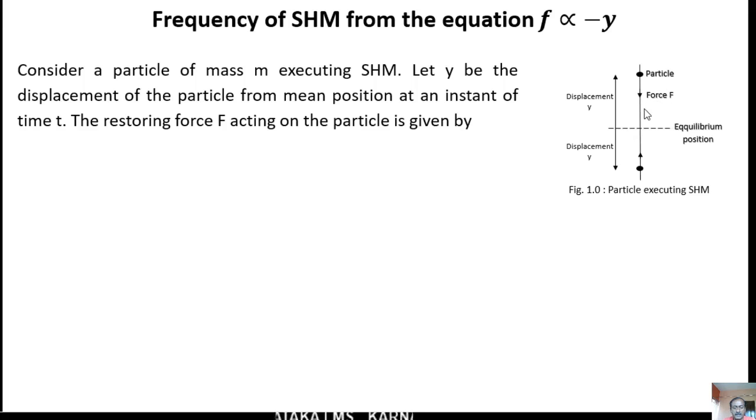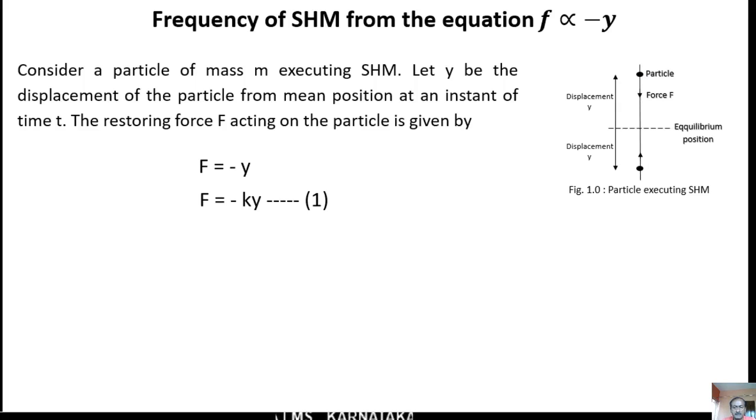The particle moves upwards from the mean position, comes back to the mean position, then moves downward, and again returns towards the equilibrium position. Then it completes one oscillation.